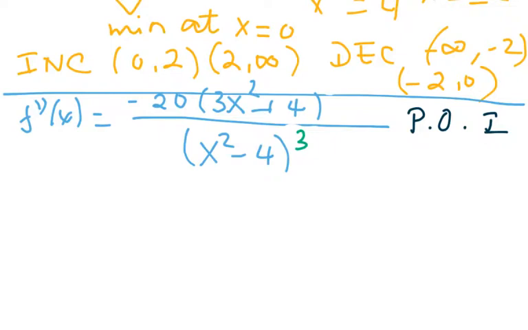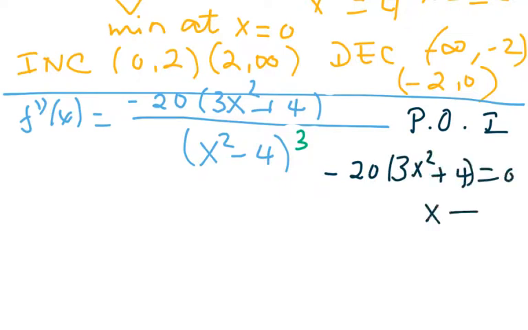So by setting that equal to 0, I have negative 20 over 3x squared plus 4 equals 0, and then I cannot find any solution for this one, because after I subtract 4, that's negative 4 over 3, and if you take the square root of a negative, it's an empty set, so there's no real solution right there, so there is no point of inflection right here.